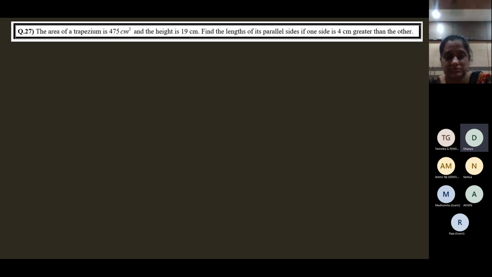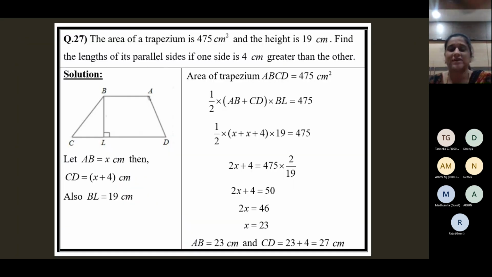Ma'am, is the answer x is equal to 23, and x plus 4 is equal to 27? Very good, Danya. You're right.